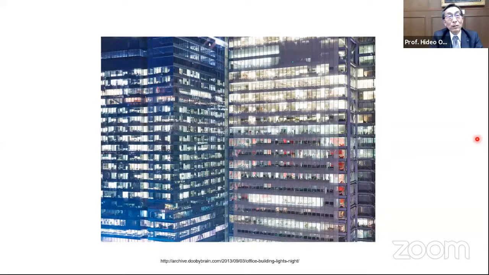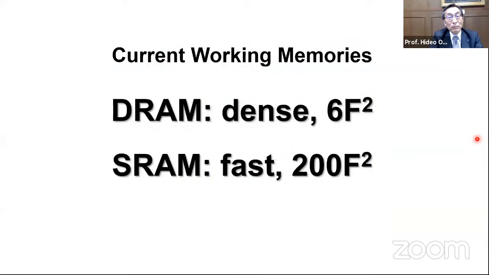And this is because of the current working memories, which are great. DRAM gives you dense memory, SRAM gives you fast memory. This F squared is feature size. So if your feature size is small, DRAM requires only 6 F squared for 1 bit.